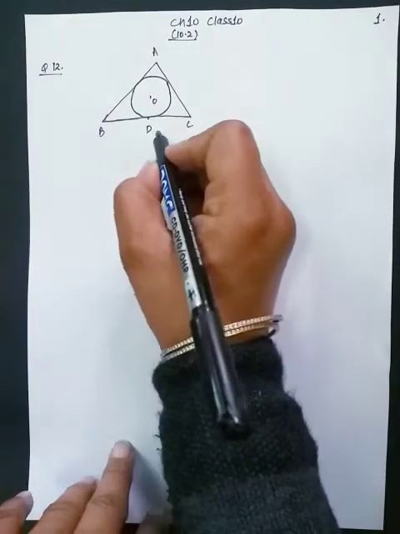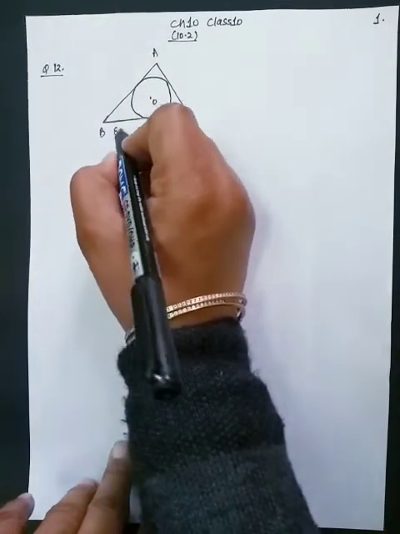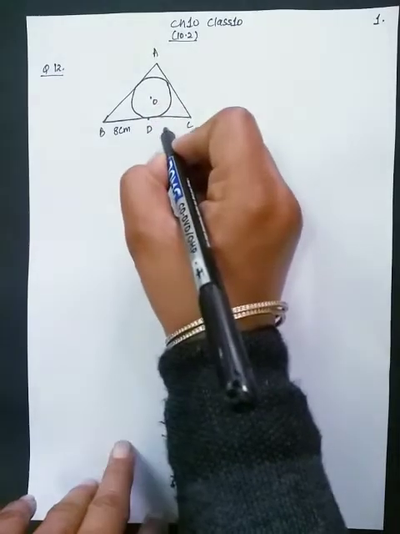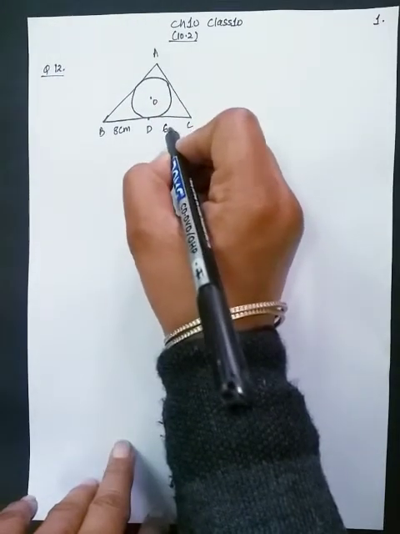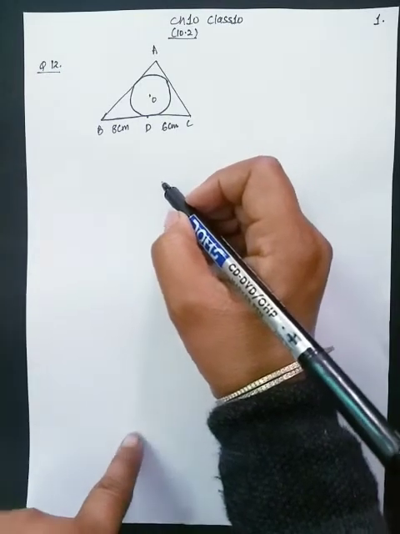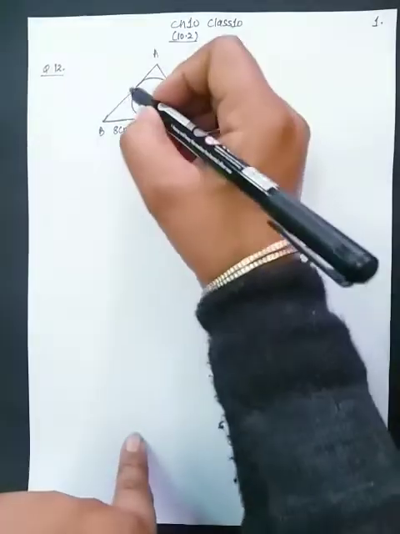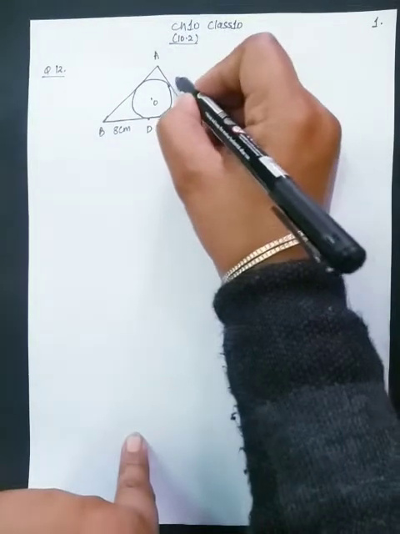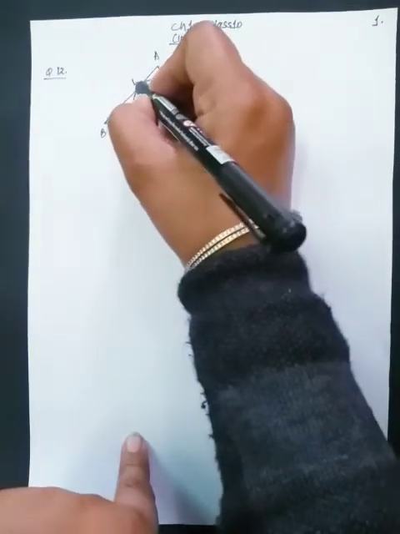Here BD is given to us as 8 centimeter and CD is given to us as 6 centimeter. And the point of contact at AC is F and at AB the point of contact is E. And we have to find the length of the sides AB and AC.